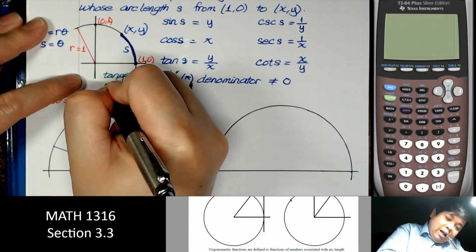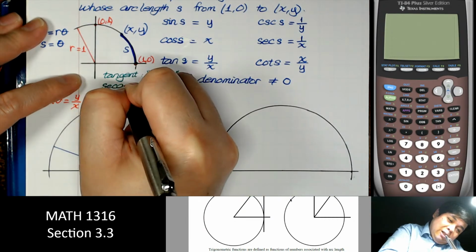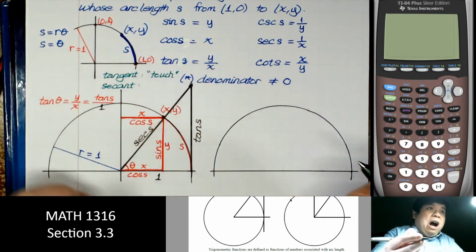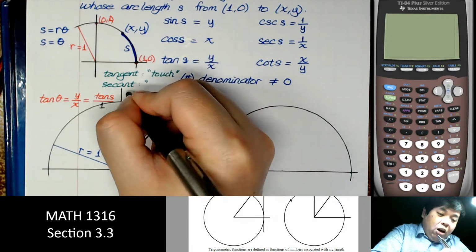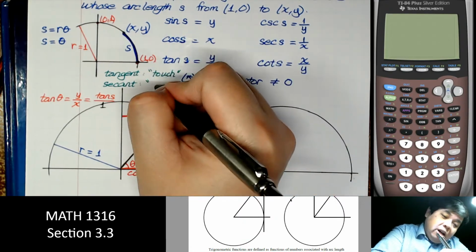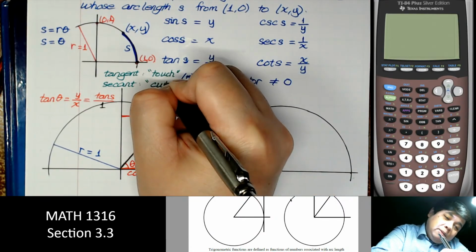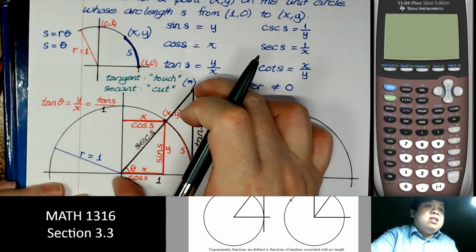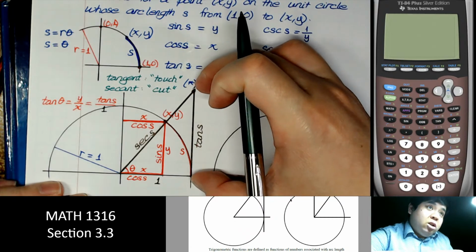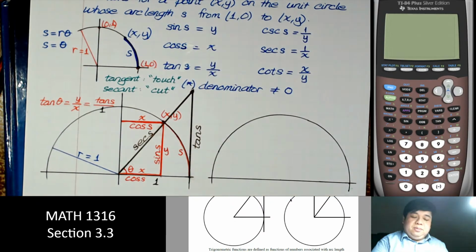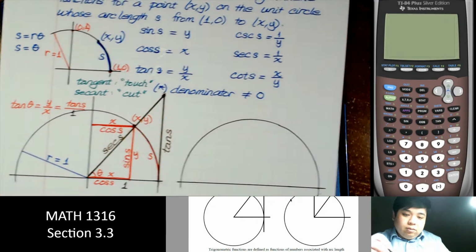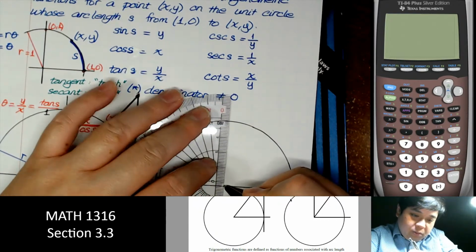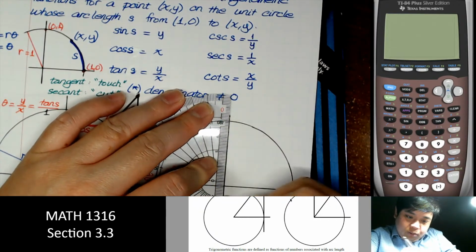I forgot the Greek word, but it comes from the word that means cut. So the line that cuts the circle gives us the secant, and the line that touches the circle gives us the tangent. Right.